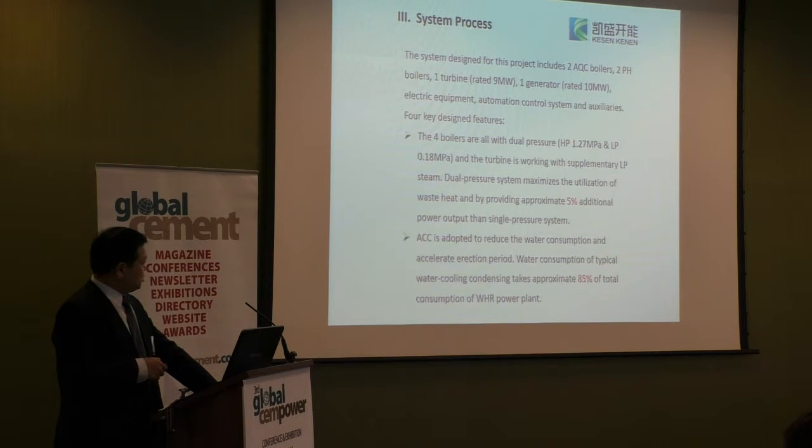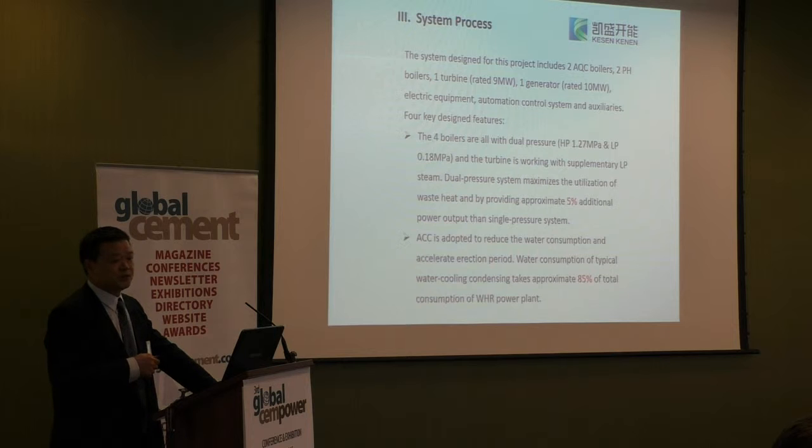For the parameters, we choose high pressure. Normally we don't say high pressure, but in WHR we say high pressure, though in a power plant it's very low pressure. But in a WHR system, we want high pressure. This is a dual pressure system, so all the 4 boilers have dual pressure.